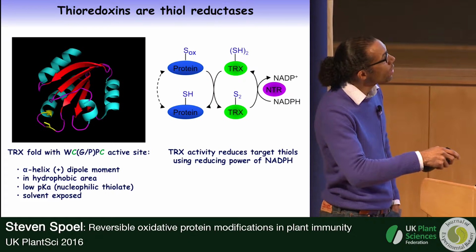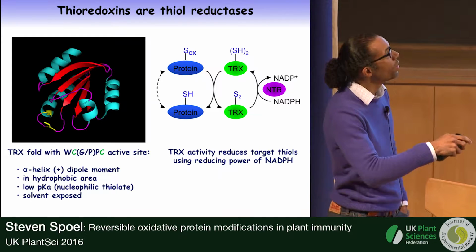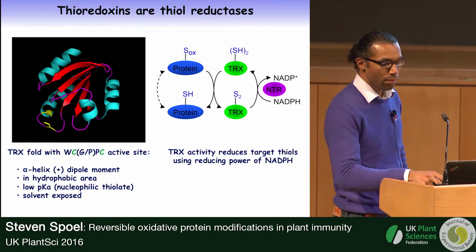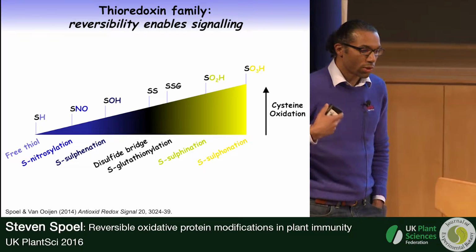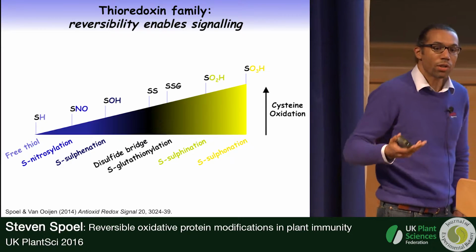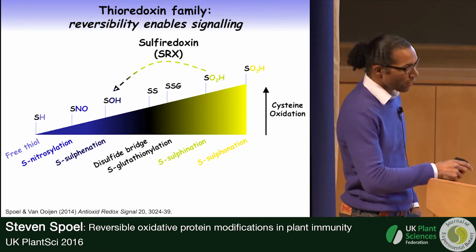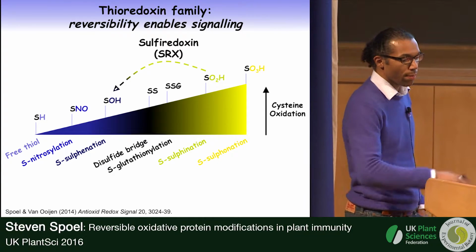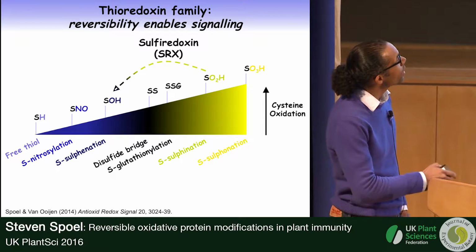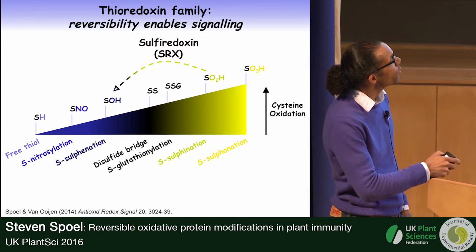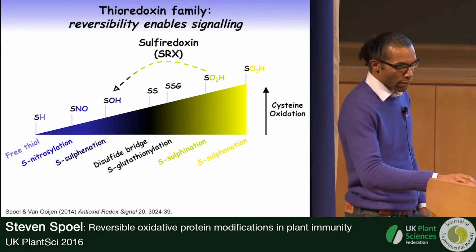The thioredoxin instead becomes oxidized and can be recycled with the power of NADPH. And so there's this dedicated arsenal of thioredoxins that can reduce these different modifications that I've just introduced you to. So sulfiredoxin is really the only enzyme known to be able to reduce the S-sulfinic state back to the sulfenic state.